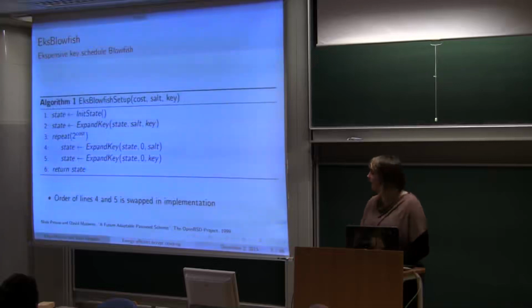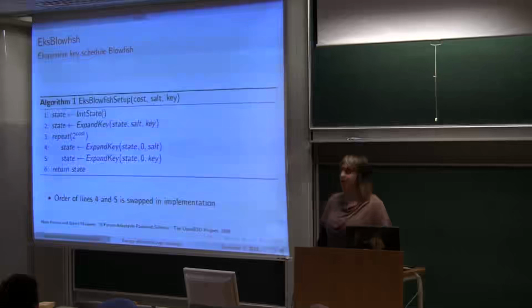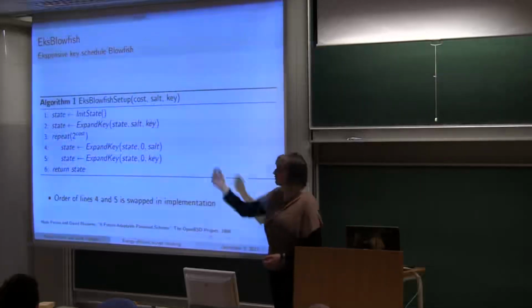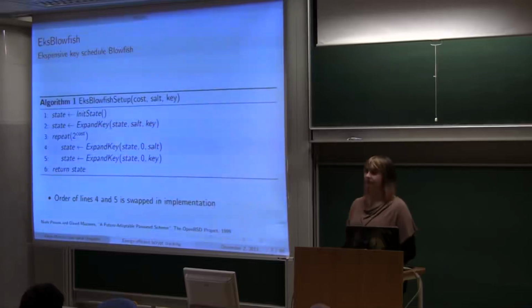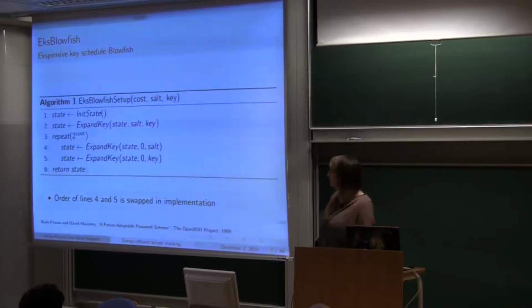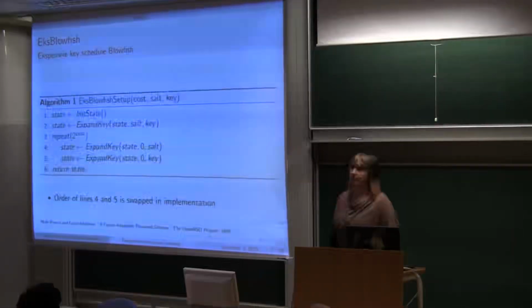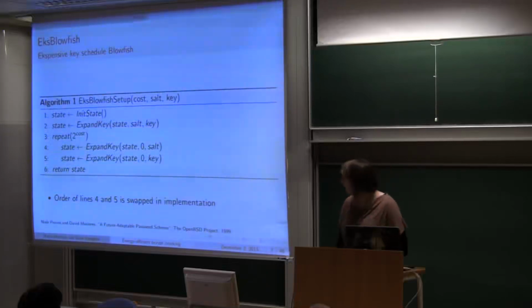The expensive key schedule in the Blowfish algorithm, in its initial state, initializes S-boxes with digits of the number pi, and then with expand key, all 3 of them, what they do is they replace P-boxes and S-boxes 2 at a time. So every one of these expand keys does Blowfish encryption 521 times to replace all entries in the P-box and 4 S-boxes.